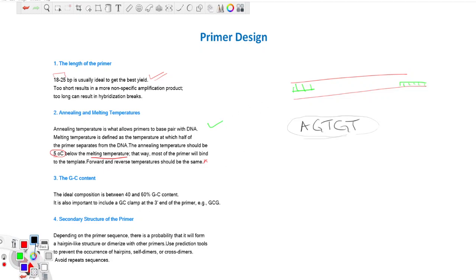So if you have a melting temperature of, let's say, 55 degrees Celsius, then your annealing temperature should be around 50 degrees Celsius. Of course, this is not written in stone, and this may vary depending on what region you're amplifying, but at least from this point of view. There are exceptions, but for us to understand the basics, that's something that we should take into consideration. Next is your GC content.